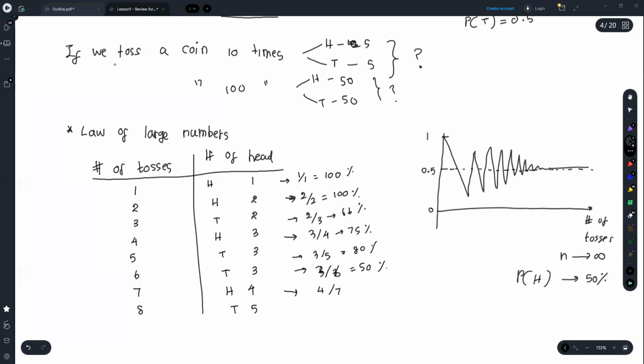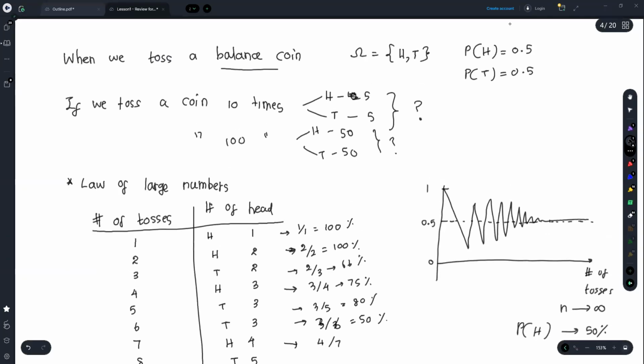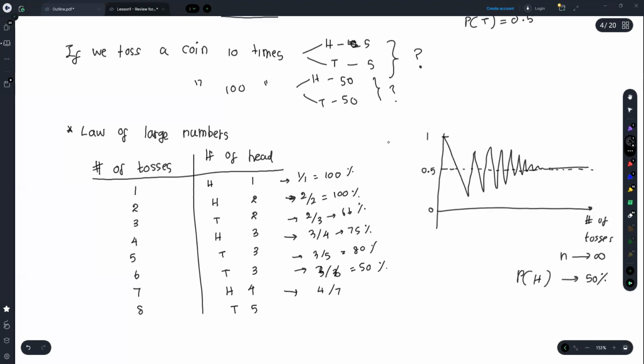So is that clear to you? You can get this 50% not by just tossing a coin 10 or 100 or even 1,000 times. If you want to prove it, you have to do it a very large number of times, millions and millions of times. Then only you see that the probability of getting head reaches the value 50%.